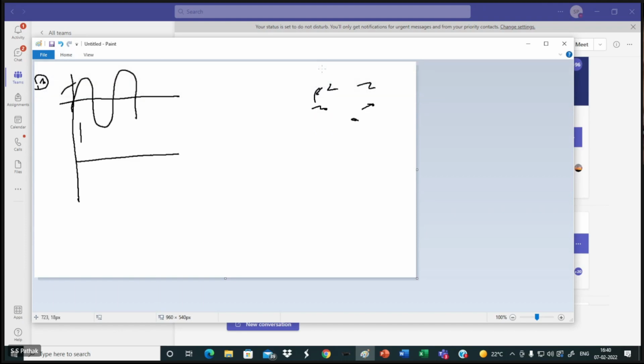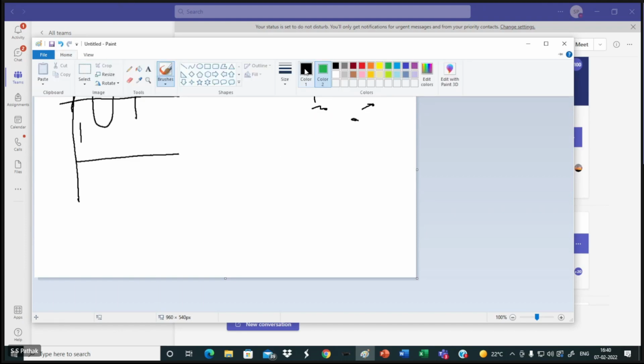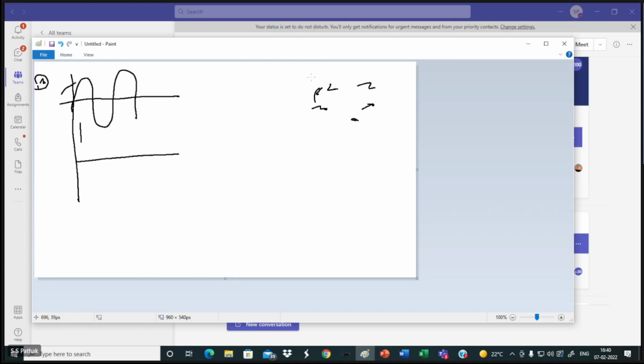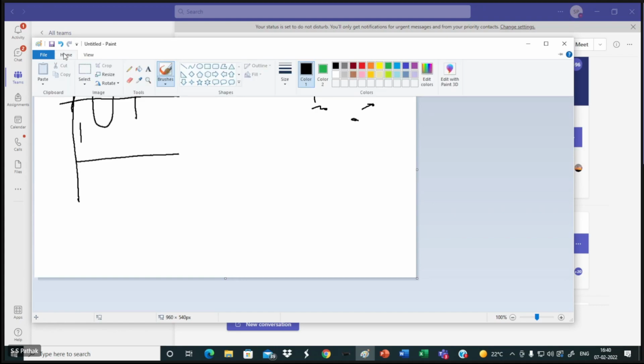Sir, in color 1, select the green color. Color 1 is black, I can change it to green. Sir, use the mouse to select. I'm using the mouse only.